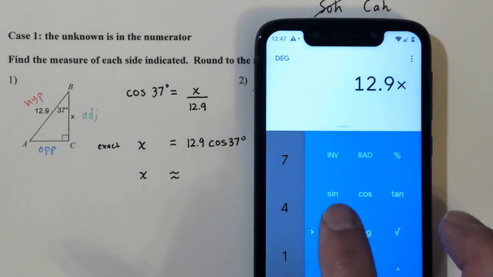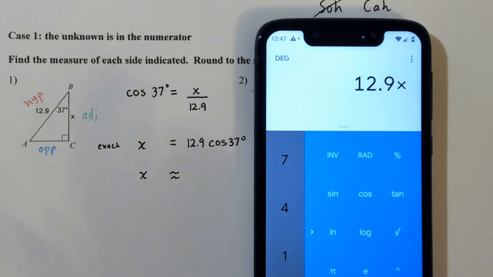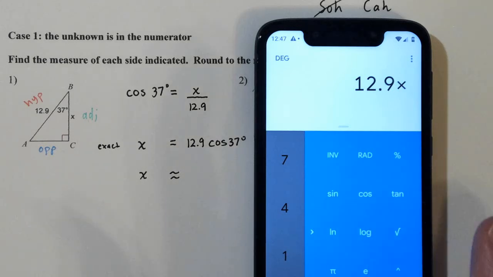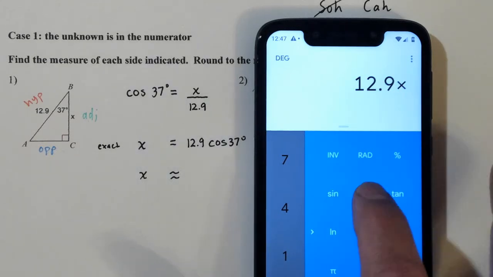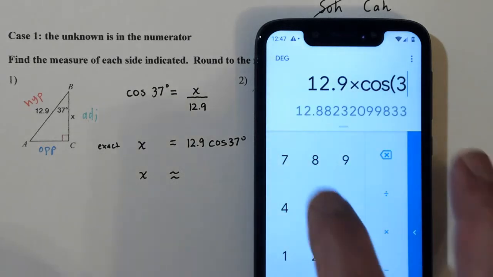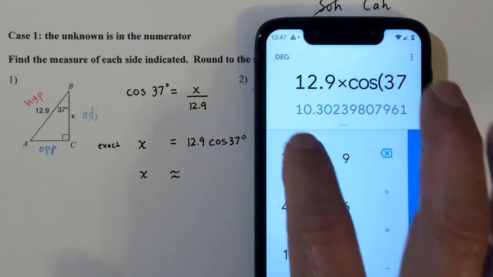Make sure you're on regular sine, cosine, tangent. Remember, inverse is for finding angles. We're not finding angles, we're finding sides. So you need just regular sine, regular cosine, or regular tangent. Cosine 37 degrees, like that. So my estimate with my eyeballs was 11 point something.